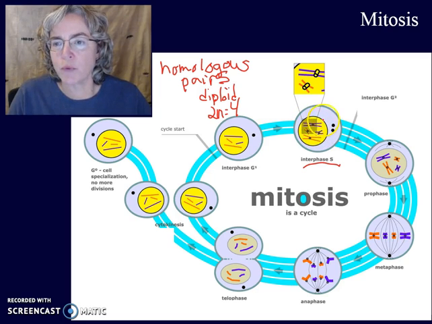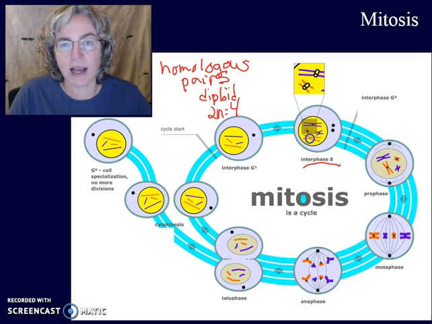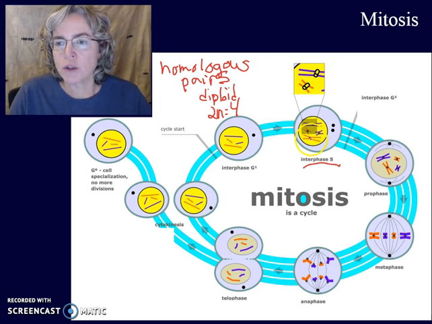When the DNA is replicated in S phase, so here is one chromosome. So this chromosome right here was replicated in S phase. That means that there is another exact copy of that chromosome, and they are attached, those exact same strands are connected in what is called a centromere.